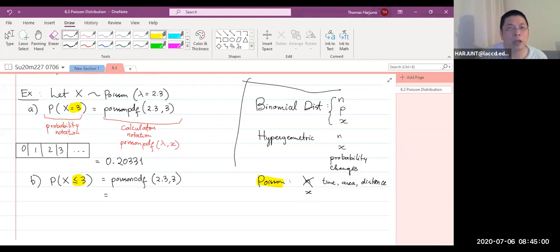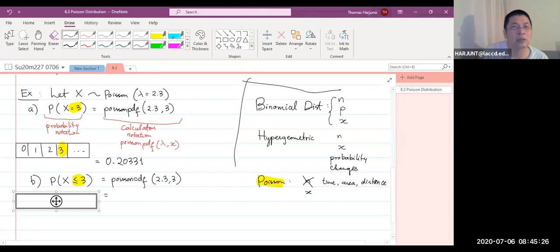Now, in part A, you just need the probability that 3 incidents happen, let's say 3 customers coming into a store in 1 hour, while part B is the probability of at most 3 customers coming through a store in 1 hour.